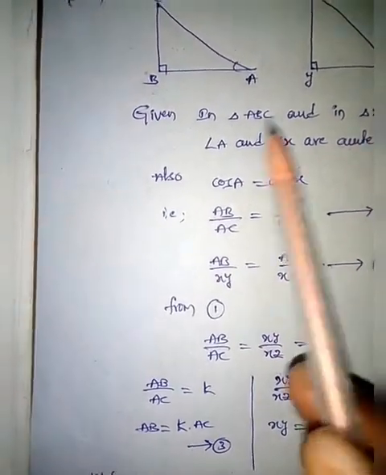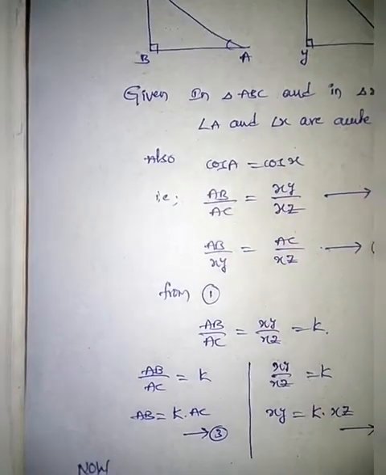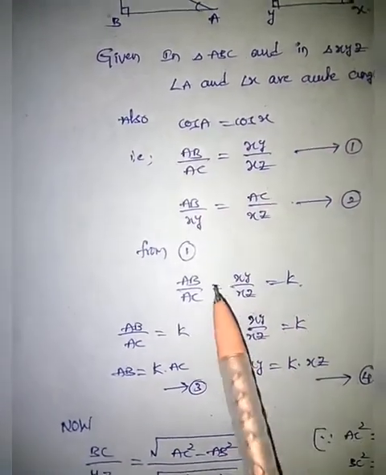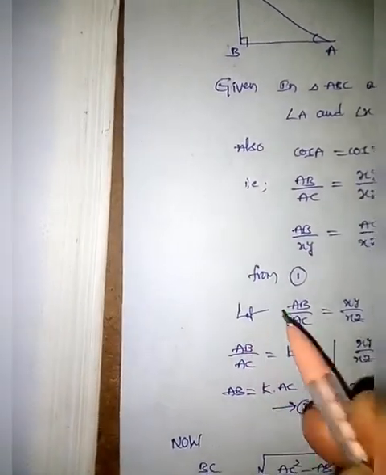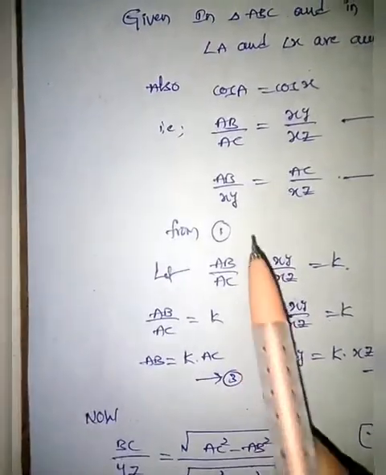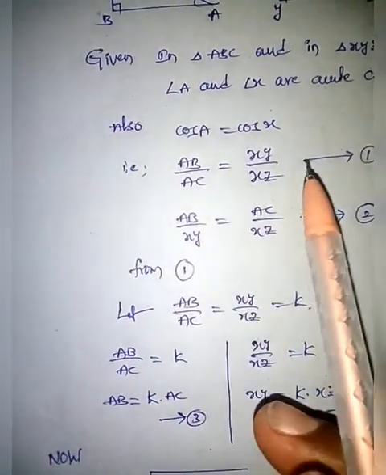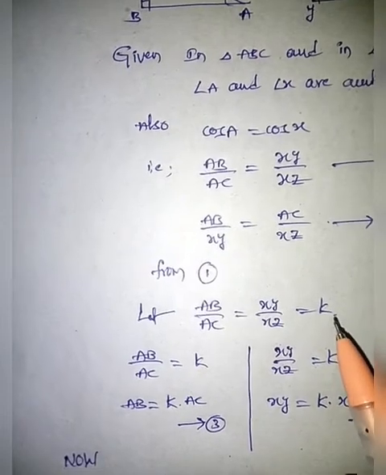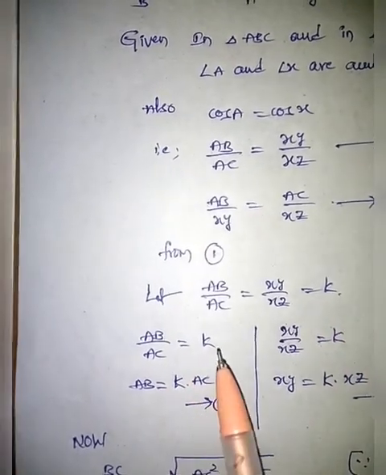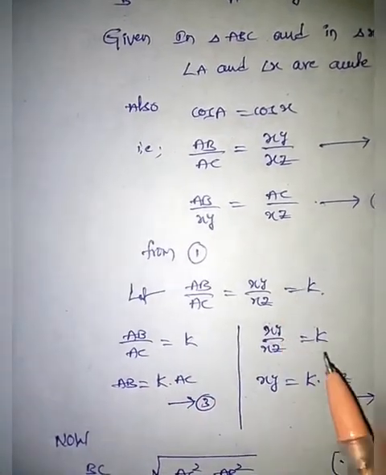So these are equal, but we don't know the value. That's why I'm saying let AB by AC equal to XY by XZ equal to K units. Then AB by AC equal to K, also XY by XZ equal to K.